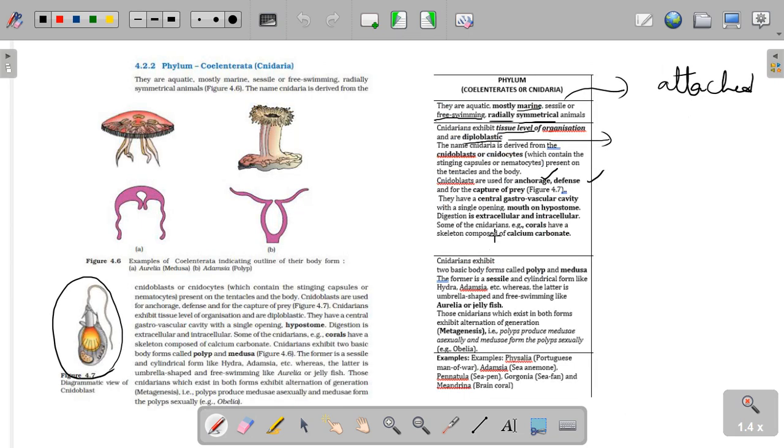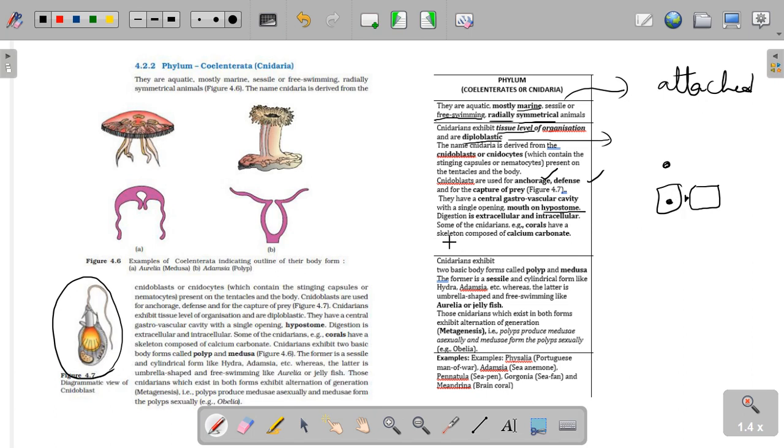They have a single opening called the mouth. The way we have lips, they have lip-like structures called hypostome. Digestion is extracellular and also intracellular. That means digestion takes place outside the cell, or inside the cell.